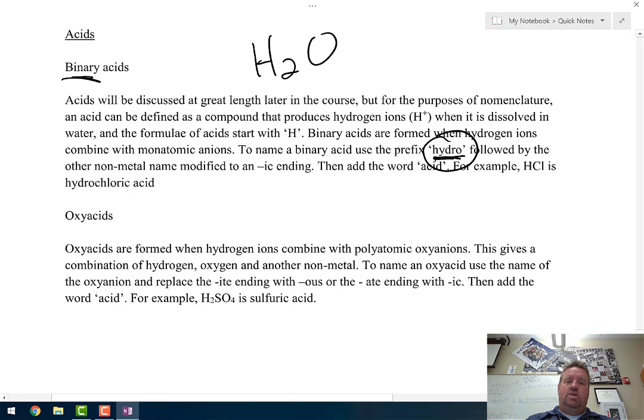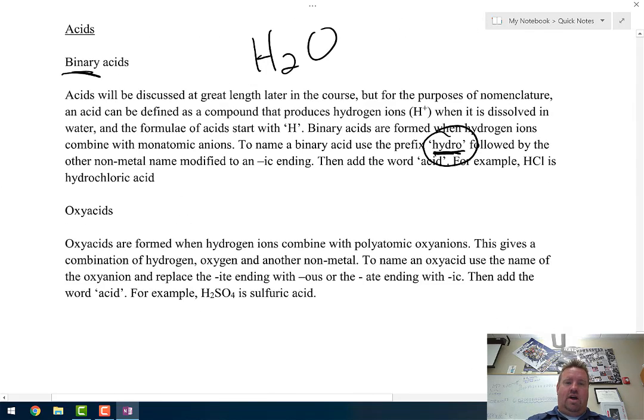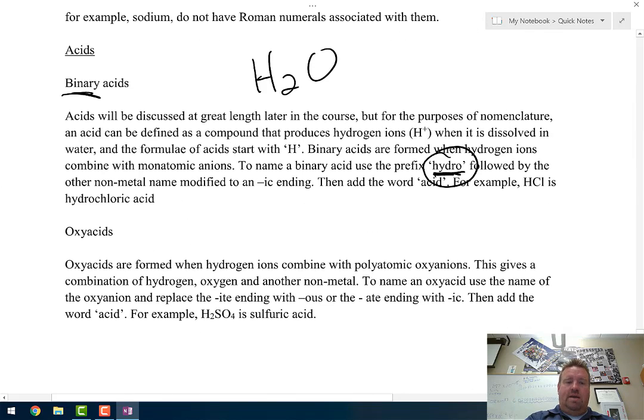Okay? So when we deal with these acids, for example, HCl, again, we use the prefix hydro, so this is called hydro, followed by the other non-metal name, which is chlorine, with the ending changed to IC.